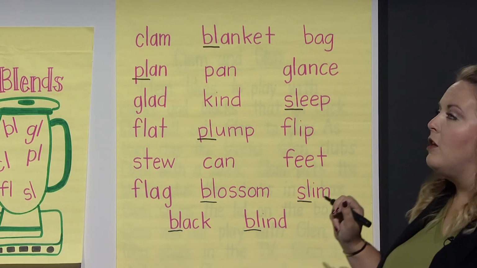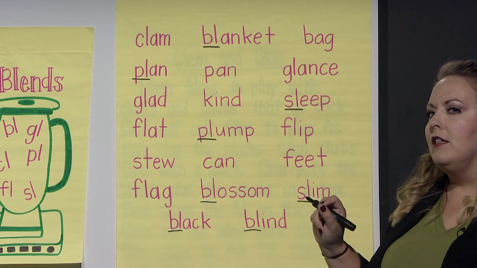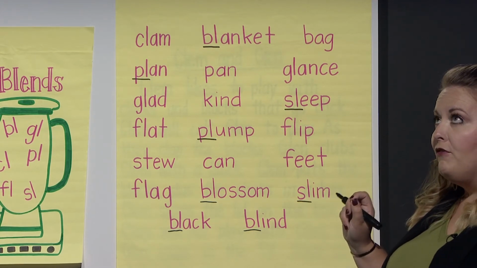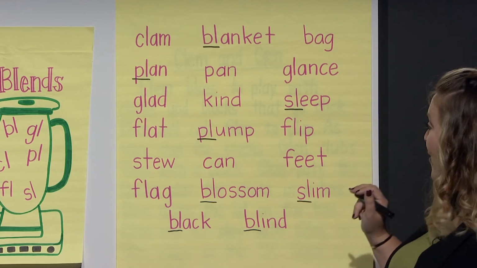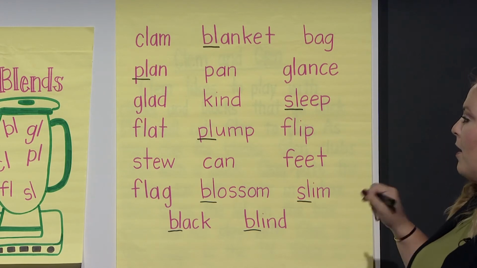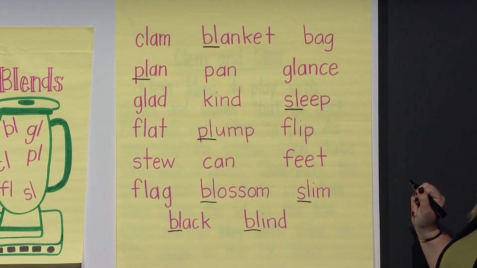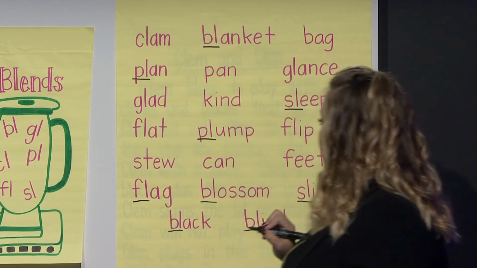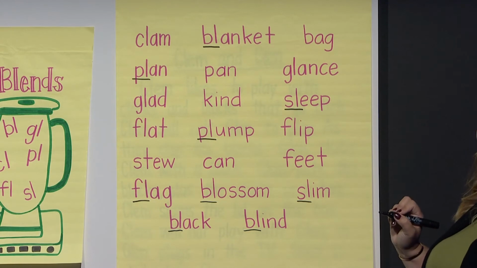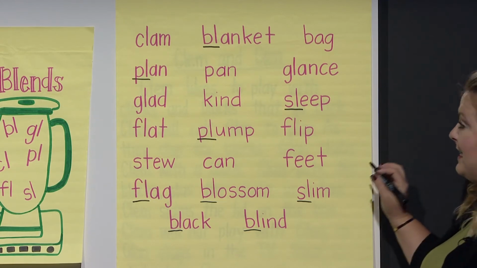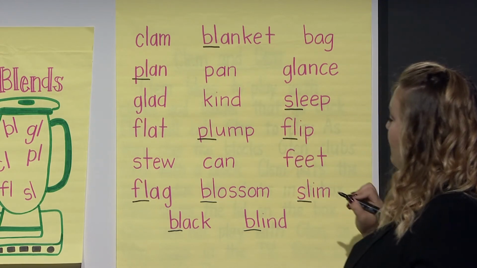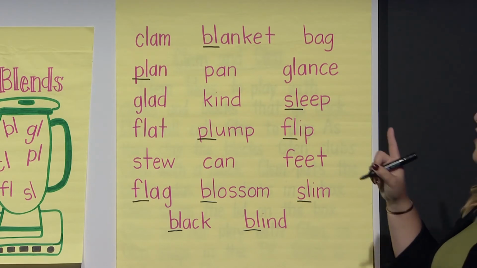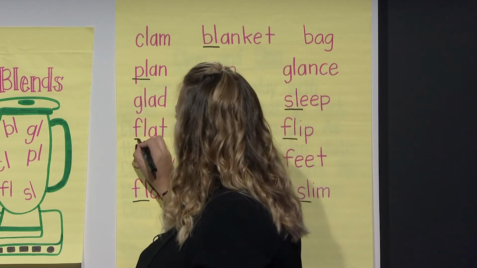Okay, now we're going to do the blend that says full. Full. What letters say full? FL. Awesome job. Where do we see a word? I see flag. Flag. What else do we see? I heard somebody say flip. Flip. I see one more. Flat. Great job.